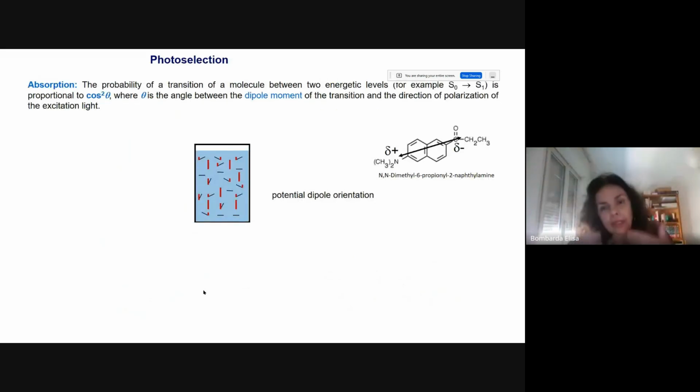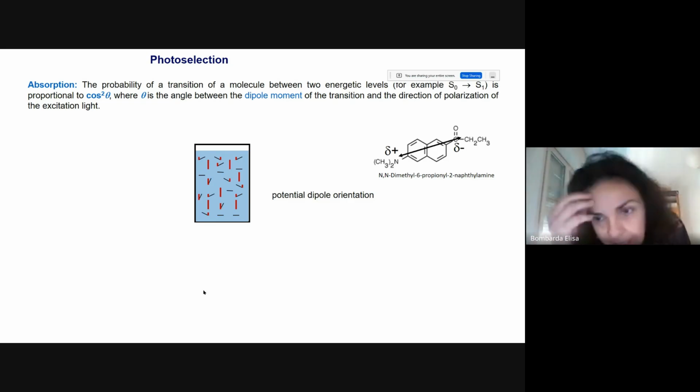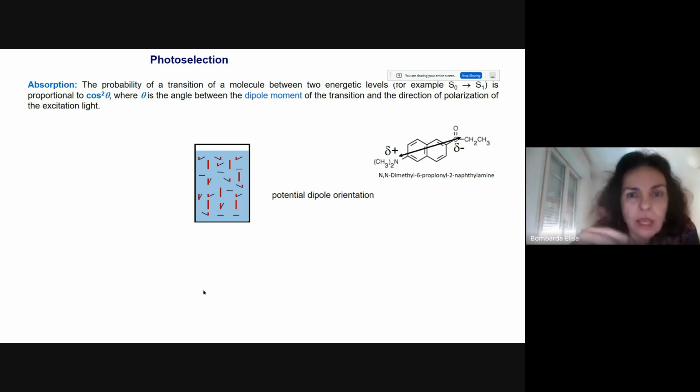Okay, so let's build up the parameter that we measure when we measure fluorescence anisotropy. We said that the first step is the photoselection.